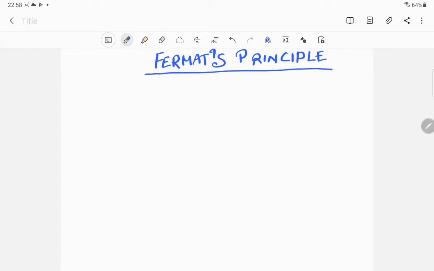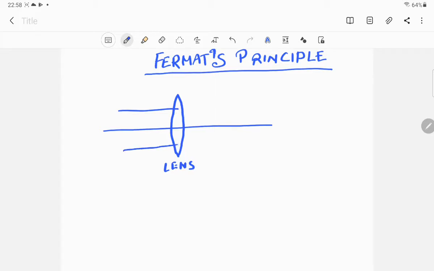Suppose you have these very familiar figures that you see in the book. This is the principal axis. Suppose this is a lens and a ray of light is coming like this, and after meeting this convex lens, it will be converging to a point like this. All of you are well aware of this.